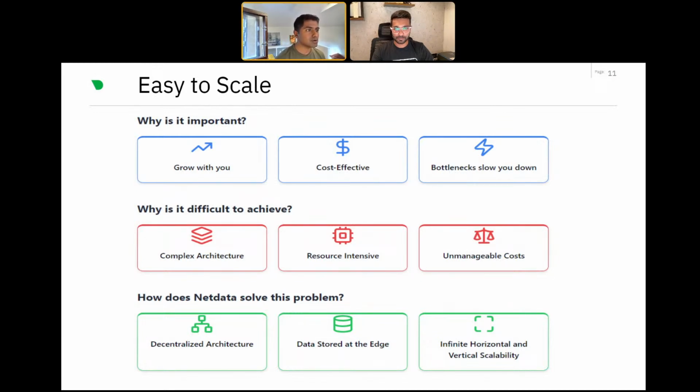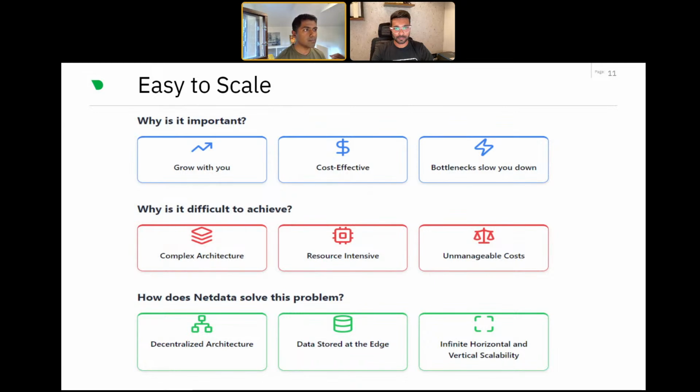All of a sudden, your observability bill might now be a 5-figure, 6-figure, in some cases 7-figure number. So it's really important that when you invest time and money into a monitoring solution, you know that it'll not only grow along with you, but that once it does grow, it's still cost effective to use, right? So this is really important.